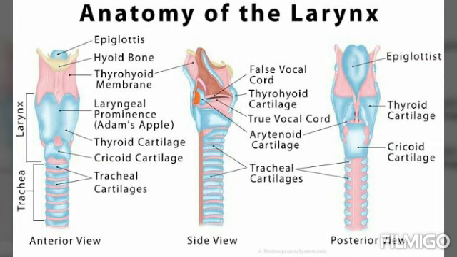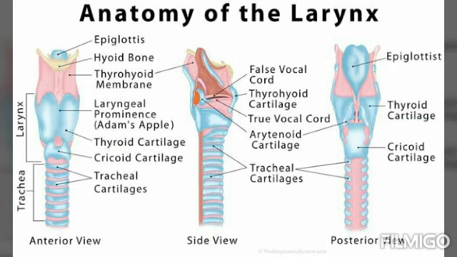The larynx, or voice box, is a cartilaginous, epithelium-lined structure that connects the pharynx and the trachea. The major function of the larynx is voice production. The larynx has the following structures. Glottis: this is the opening between the vocal cords in the larynx.